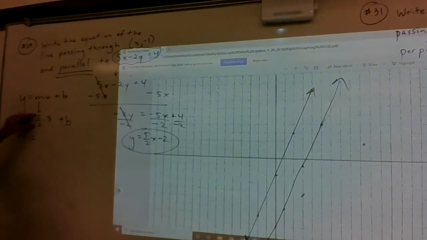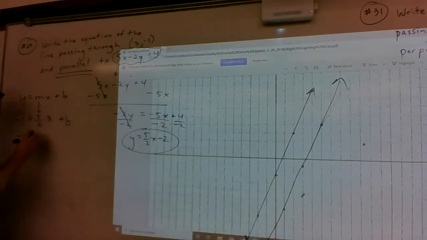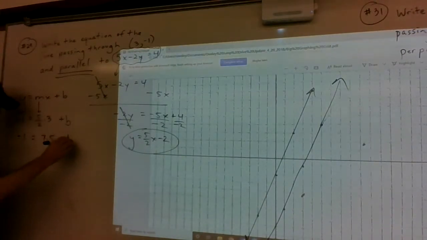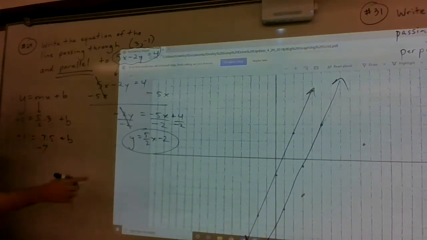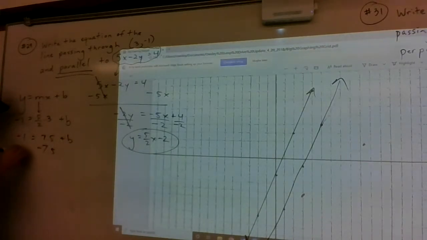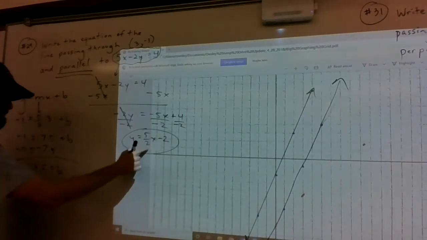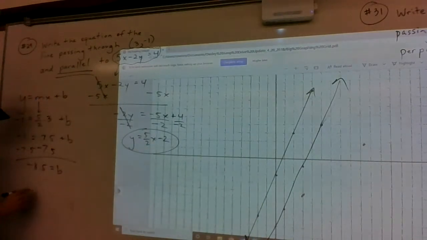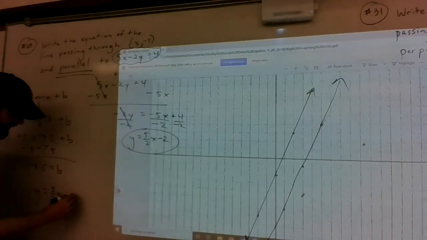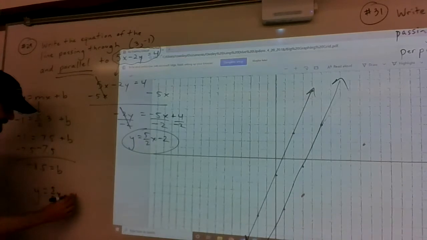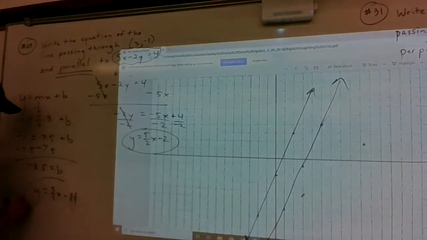So I know this is 2.5 times 3, which is 7.5. It was almost -8. It was -7.5 from both sides, so -8.5 was b. So the answer to 29: my slope is 5/2, my b is -8.5, y equals 5/2 x minus 8.5. I'm just going to leave it like that.